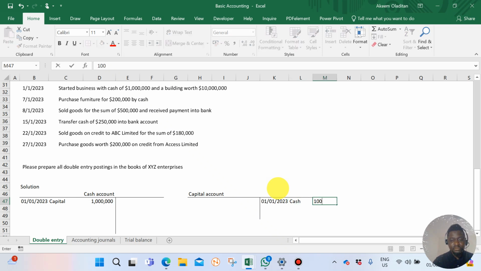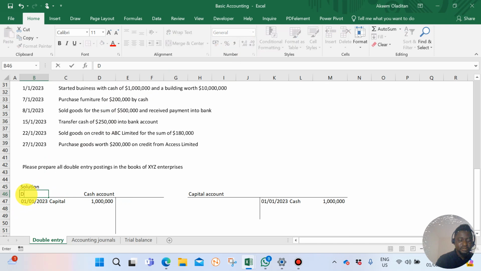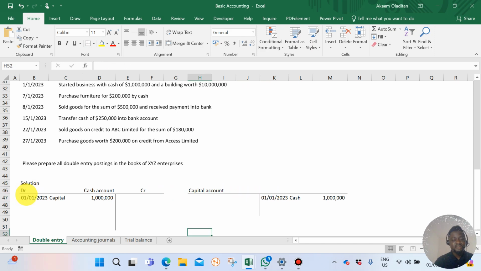It's the same, 1 million. So what we're saying in essence is that every single transaction that you post must have a double entry. The first one that we looked at, the $1 million, is the one that has the debit entry here. This is the debit side, and this is the credit side. That's what we need to understand in accounting.